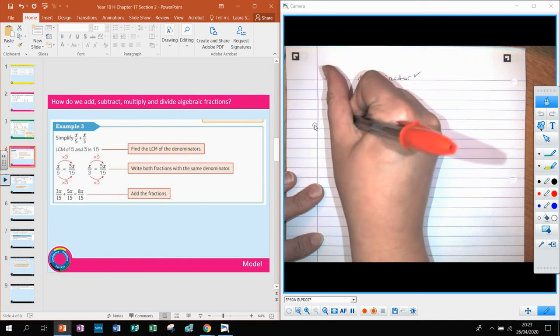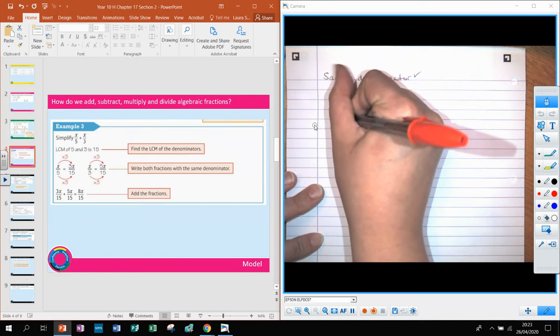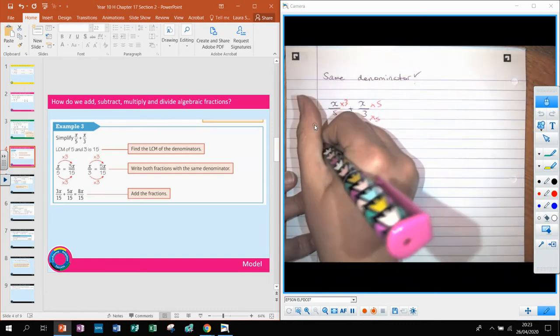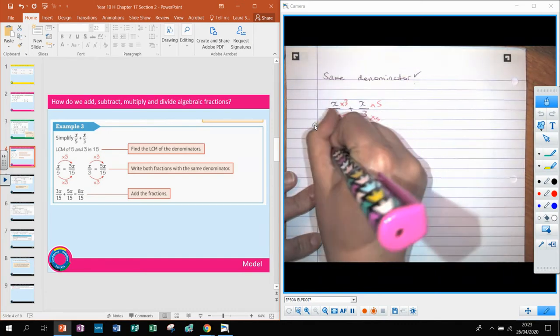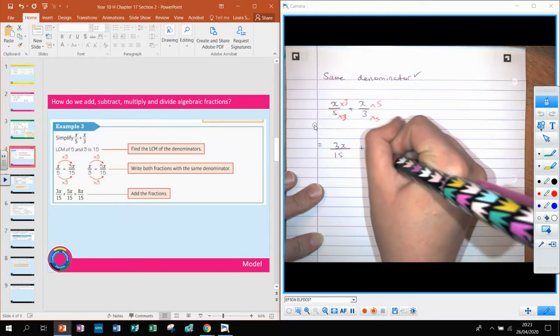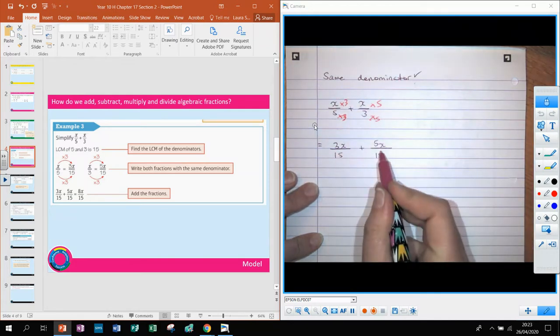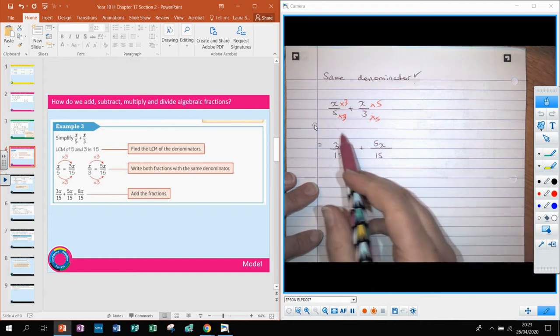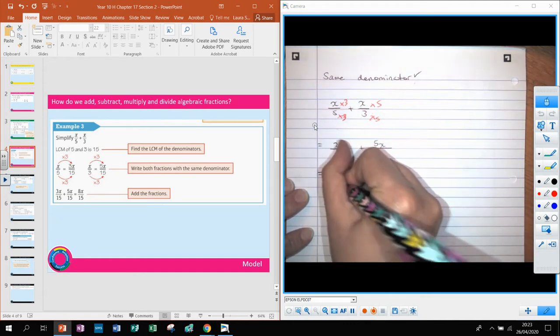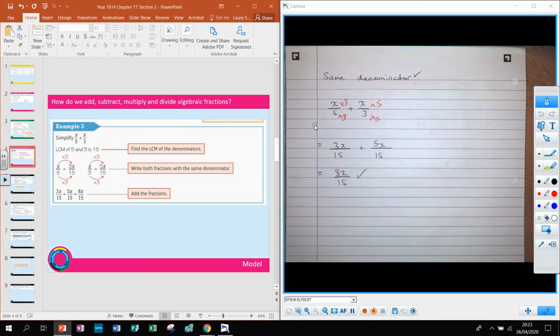So times 3, times 3, times 5, times 5. That would give us 3x over 15 plus 5x over 15. And we know that when we add x's together, we add their coefficients. And so we get 8x over 15. And that is the answer to that question.